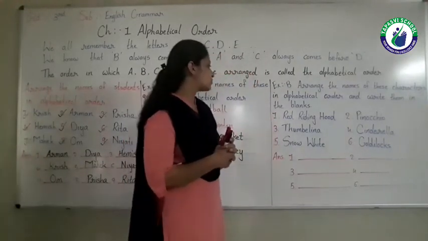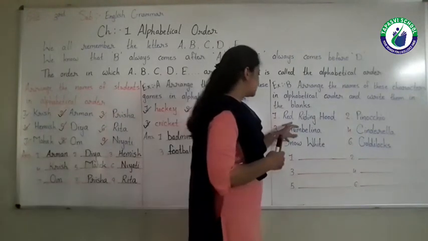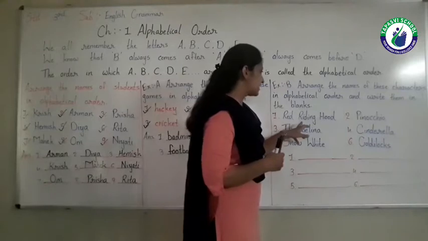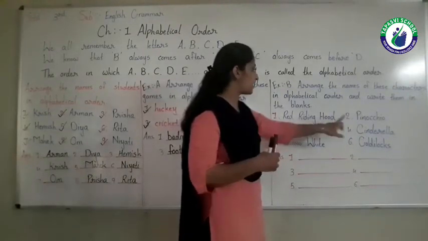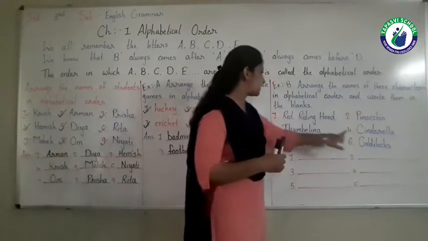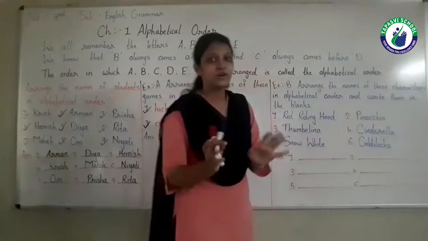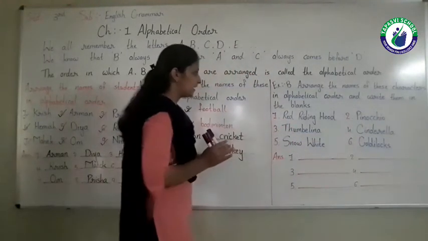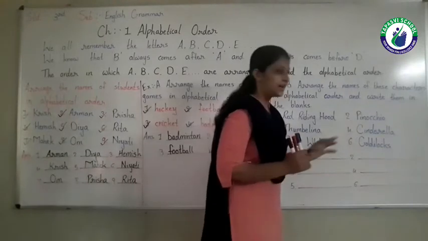So first of all, any character name that starts with letter A? Yes, देख लो, ये R से शुरू हो रहा है, ये P से, T से, C से, S and G. A से कोई कैरेक्टर नहीं दिया है. अब B से दिया है, लेटर B से नहीं दिया है.